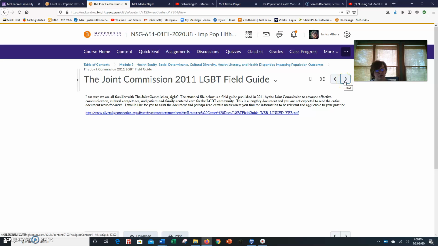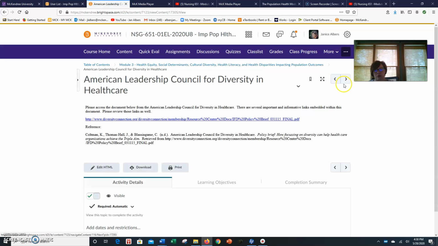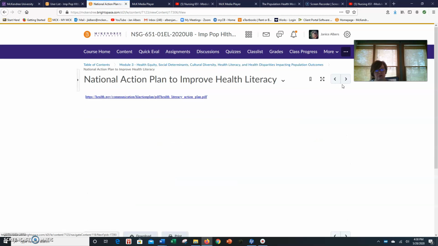Again, it's really important to know where these resources are and also to be able to access resources. And this gets into the Council on Diversity.